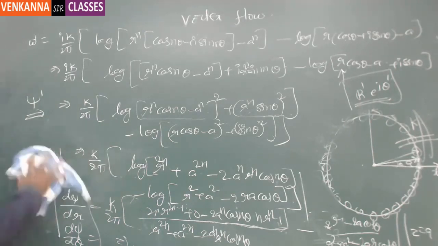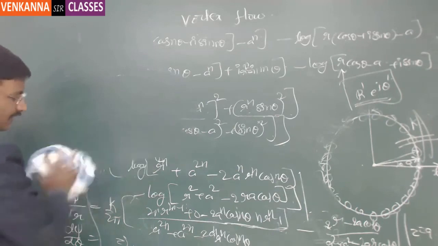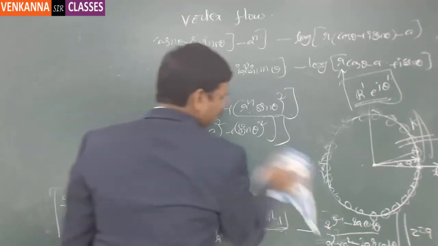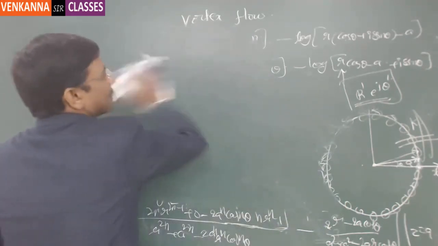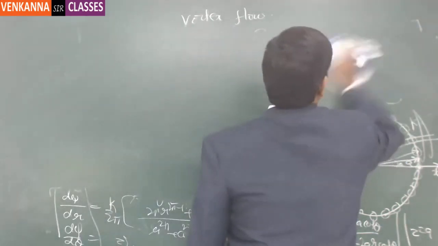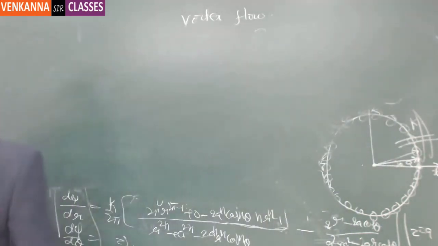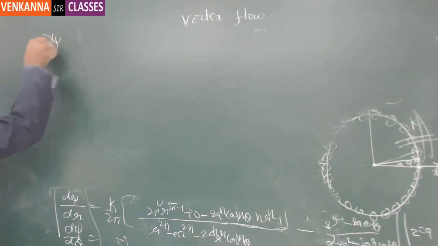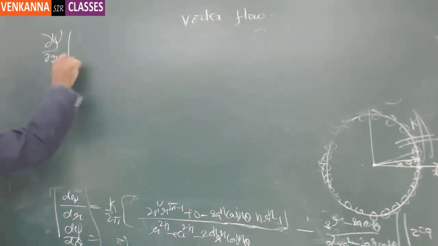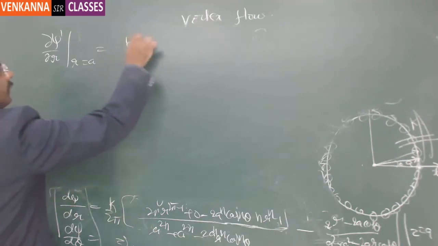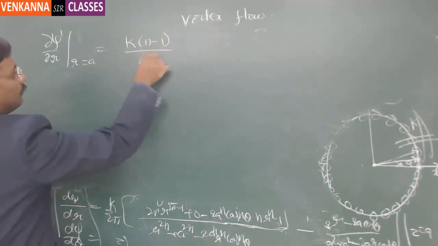So dou psi by dou r at r is equal to a will be a simple number. The simplified format of this, dou psi by dou r at r is equal to a, will be k times of n minus 1 by 4a.